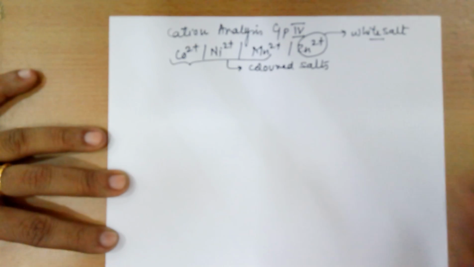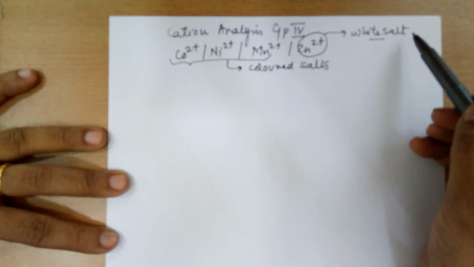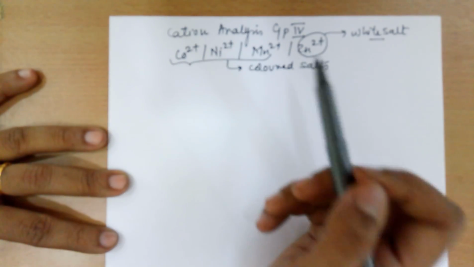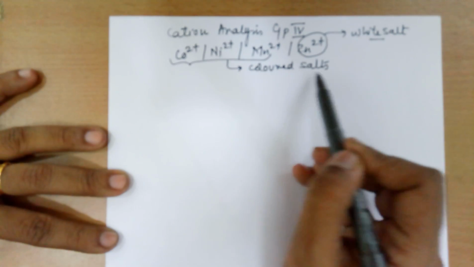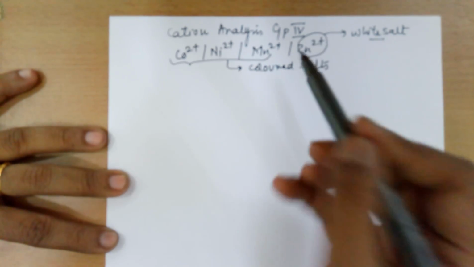So if you've got a white salt, don't make a blunder of reporting it to be nickel, cobalt or manganese. While if you have colored salts, don't make a blunder of reporting it to be zinc.